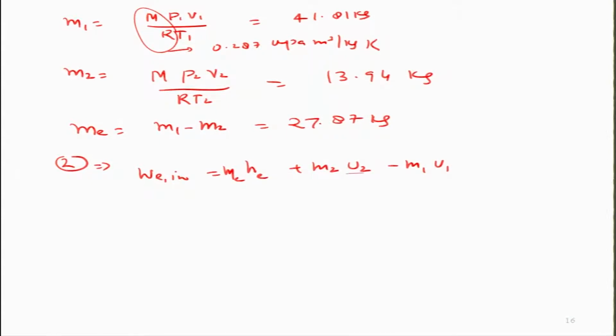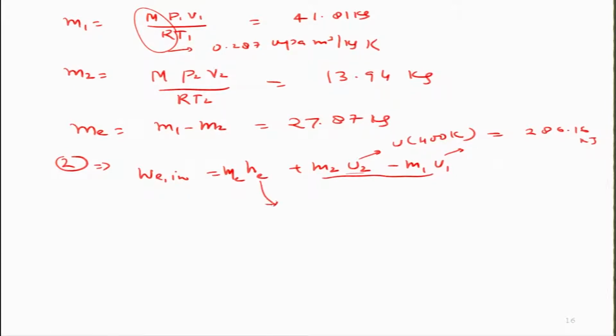The reason we have taken this is because this is the delta E of the system, which is non-flowing, only of the control volume. And u, since it is an ideal gas, only depends on the temperature, which is 400 Kelvin. You can use the table given in any book, and this comes out to be 286.16 kilojoules.